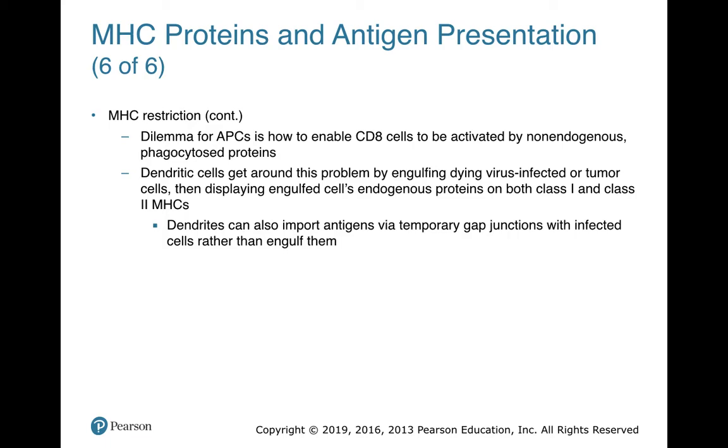Normally we get endogenous proteins presented on MHC1. But dendritic cells have ways to get around it. They can engulf dying virus-infected cells. They can have connections directly with other cells so that they pick up infected proteins. There are a few ways around it.